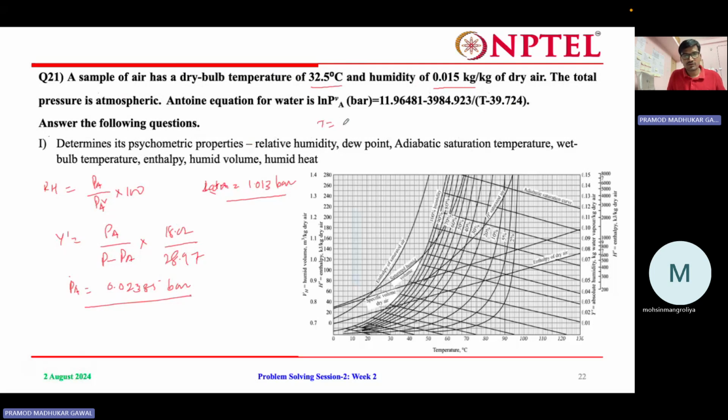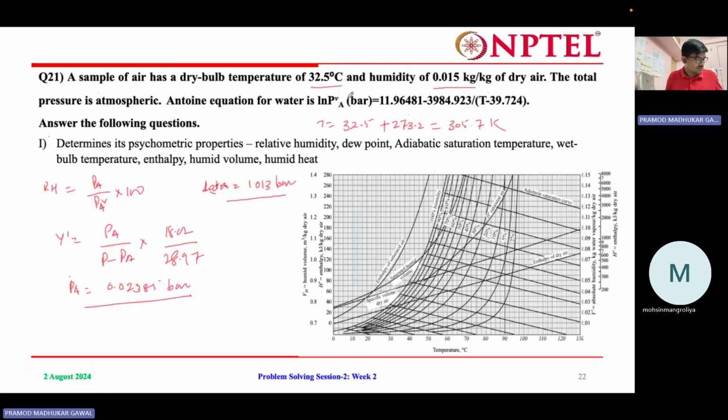So T is equal to 32.5 plus 273.2, which is 305.7 Kelvin, right? We just have to put this value in for the temperature, and you will get the vapor pressure value.